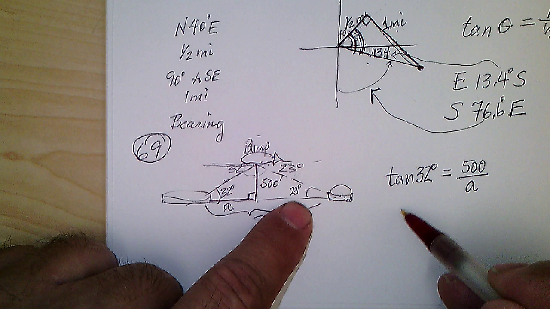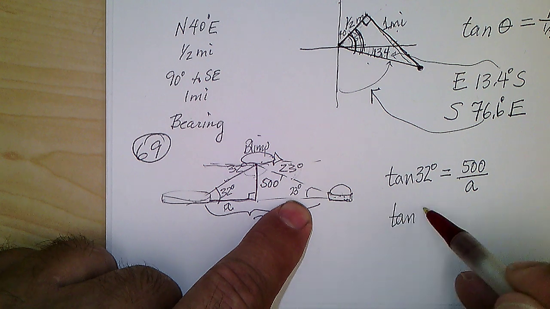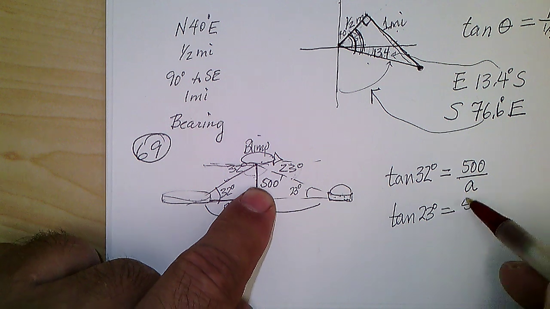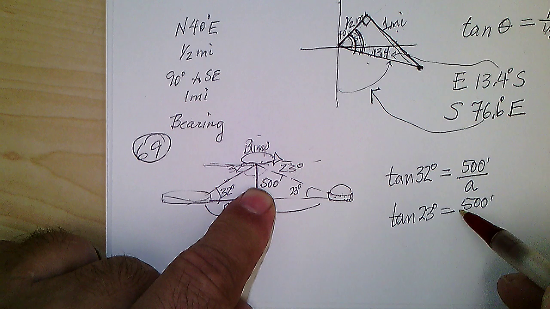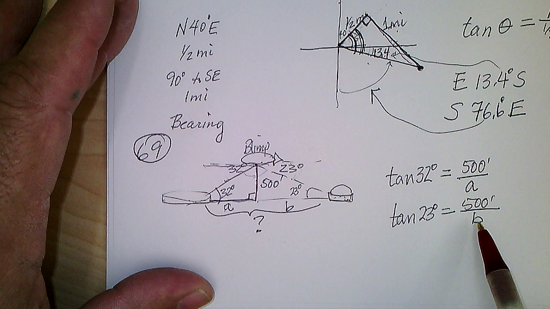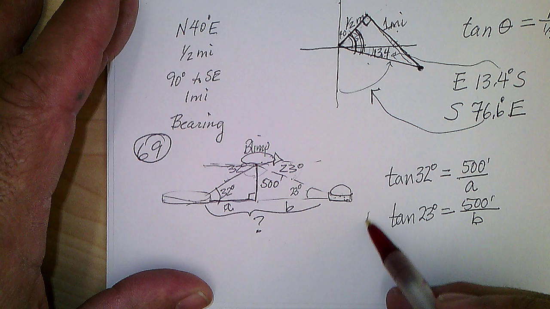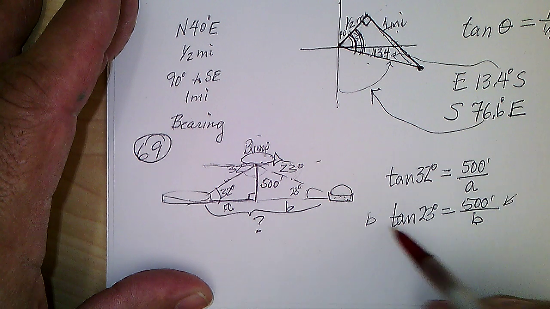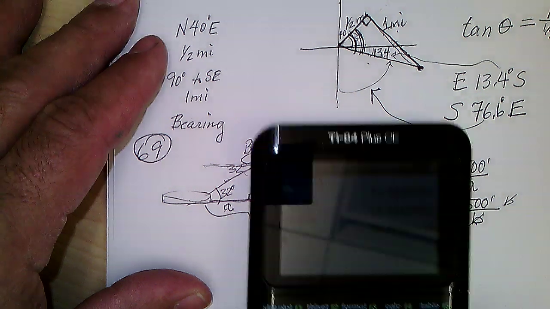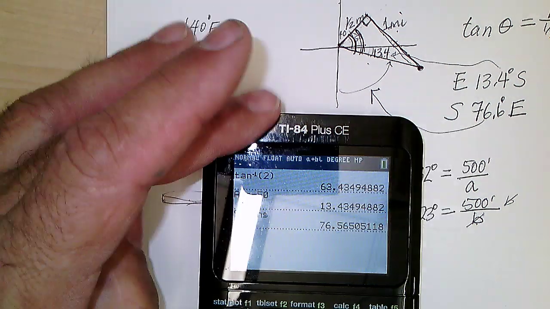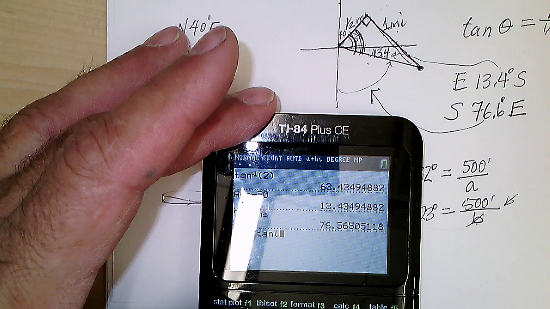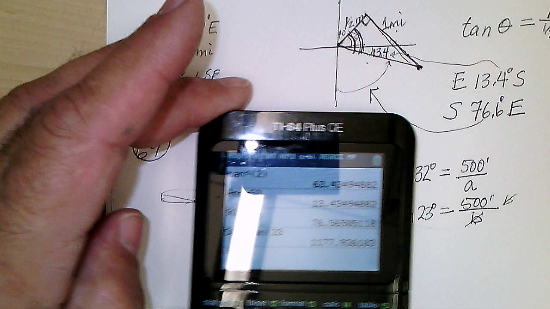And so then I'll have the tangent of 23 degrees is opposite, 500 feet, over this one that I want to find, B. Now solve for B, I can multiply both sides by B and divide by the tangent of 23, and I get B to be 500 divided by tangent of 23 degrees.